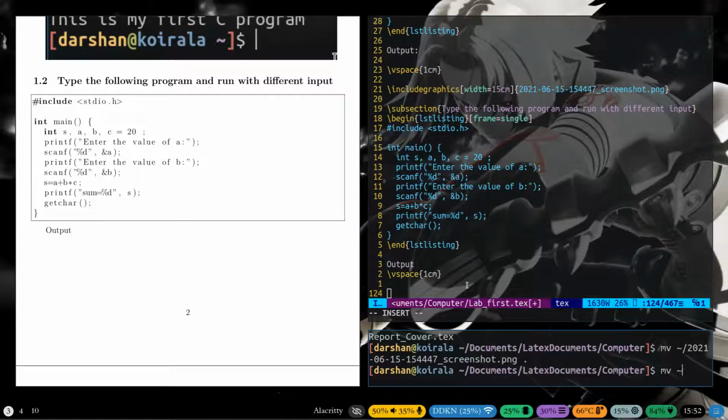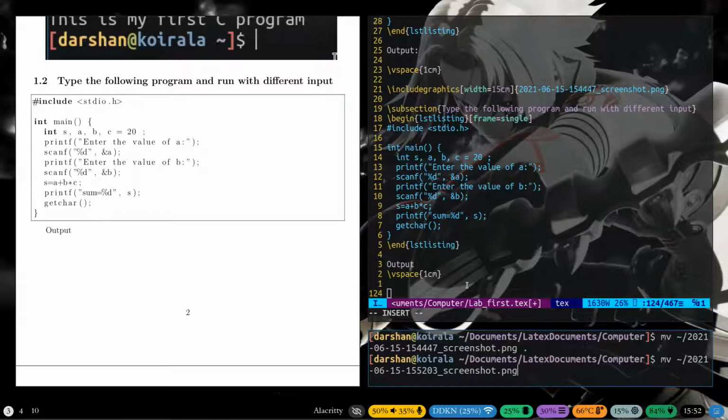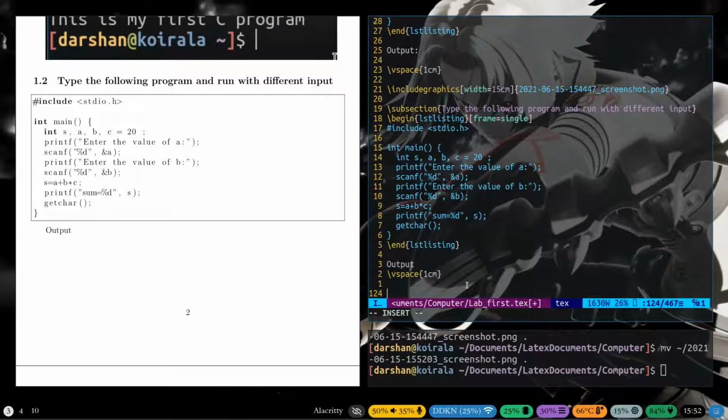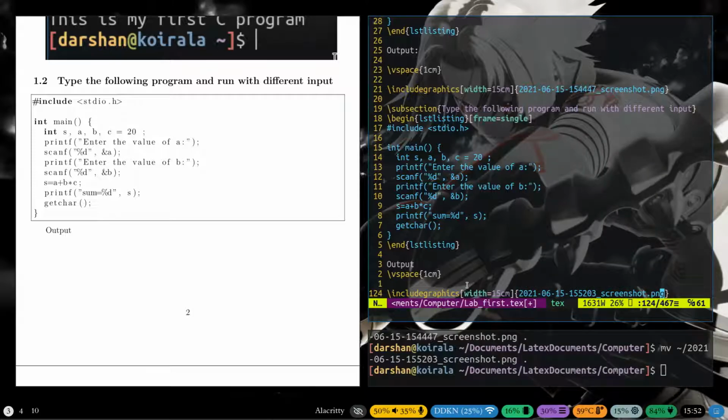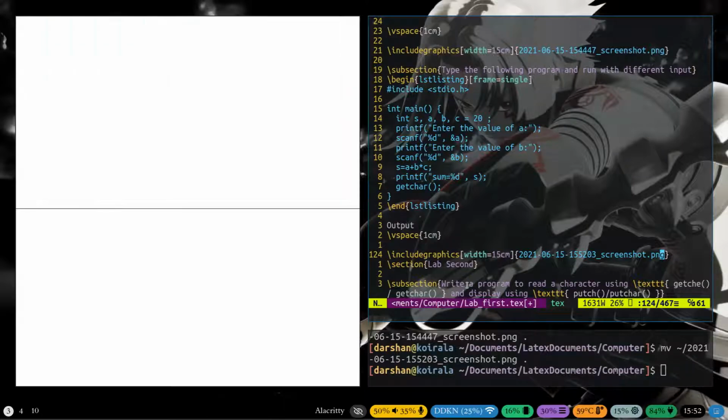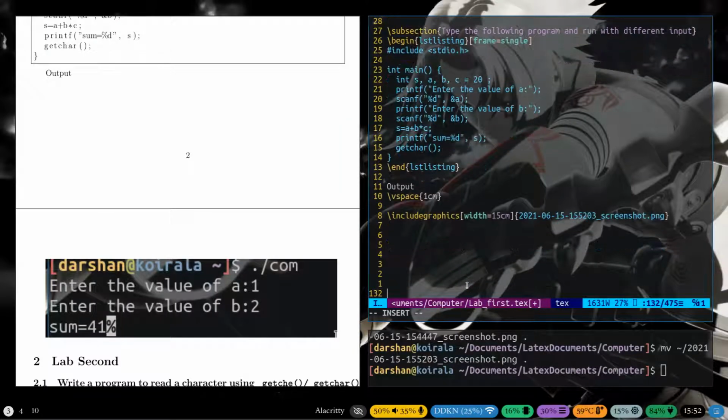Okay, MB 21, just there. And include graphics, and the width is the traditional 15 centimeters, and the last one should appear there.